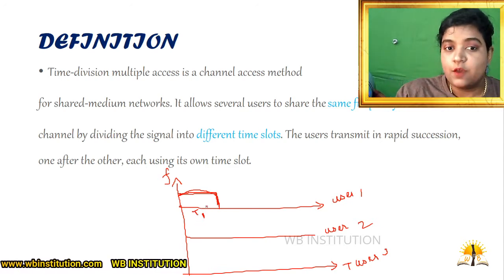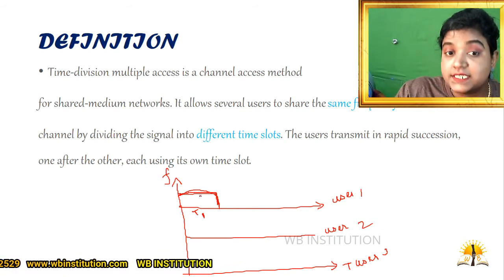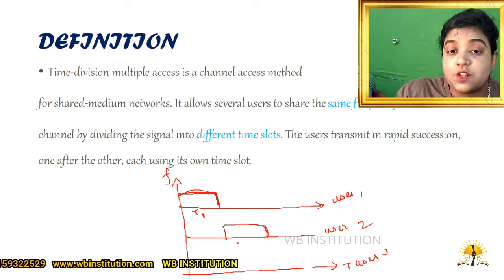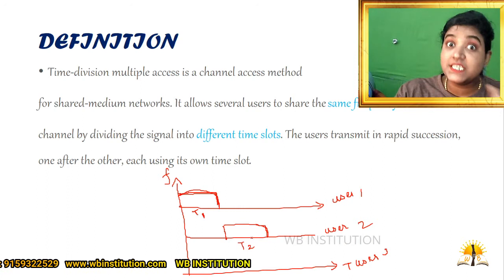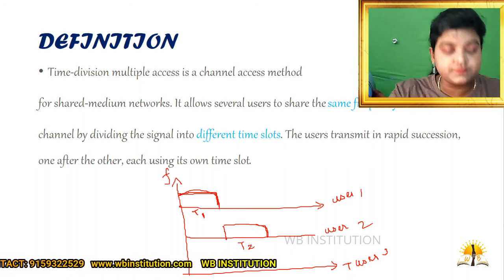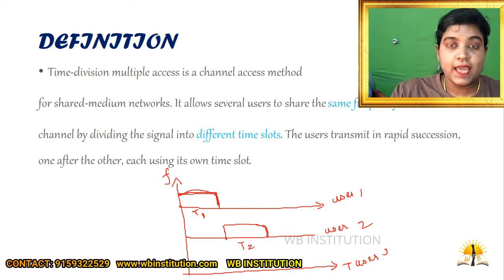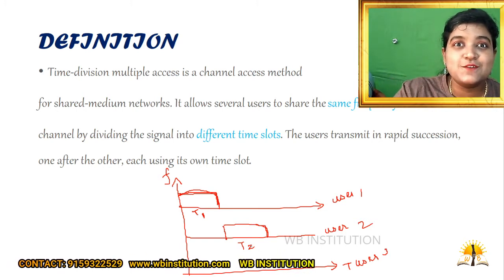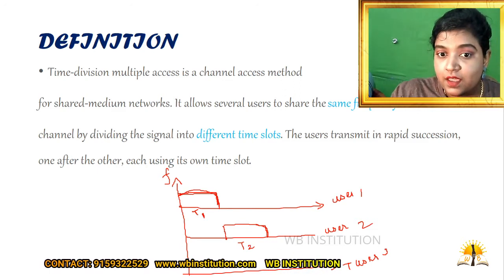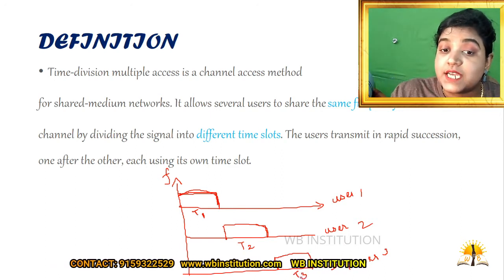Clear? Again, this entire set of frequencies is used by user 2 at a different time slot, that is t2. The same set of frequencies, there is no change, it is not unique. Finally, the same set of frequencies is used by user 3 at a different time slot.